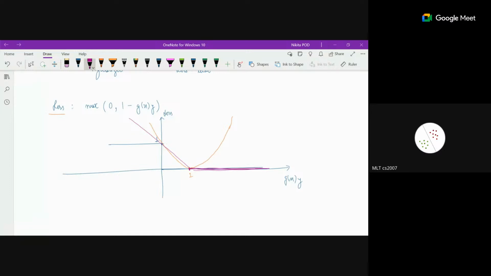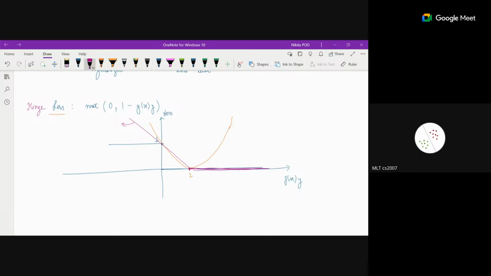So the curve that you see in this violet color, this is the loss for my SVM, and this loss has a special name, and we call this hinge loss, right? So this is how the loss looks for my SVM problem.